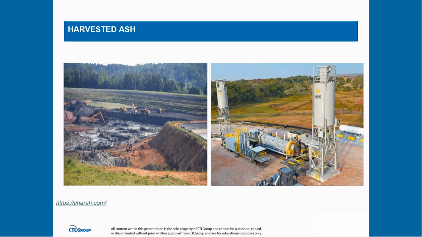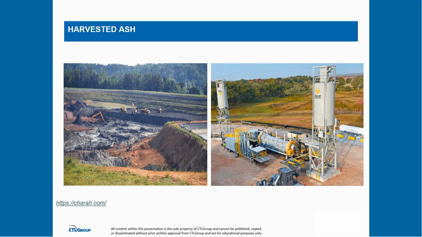Harvested ash is gaining more popularity very recently, as the coal powered plants are getting shut down, but fly ash, on the other hand, is very important for concrete. So harvested ash, the ash that is present in landfills, has to be processed and then used in concrete.